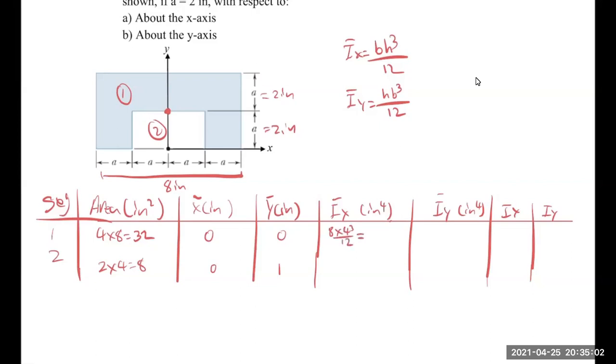See what that equals to? That is 42.67. And then for I bar y, that'll be 4 multiplied by 8 cubed over 12. I got that as 170.67. Okay, let me calculate I bar x and I bar y.